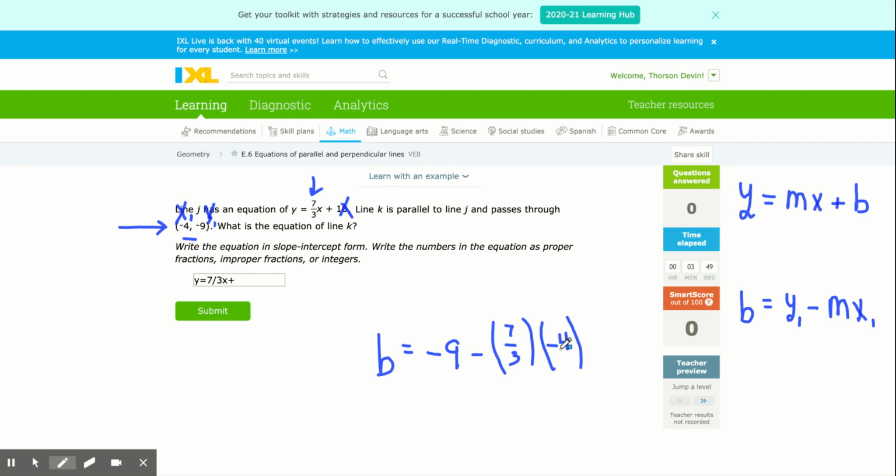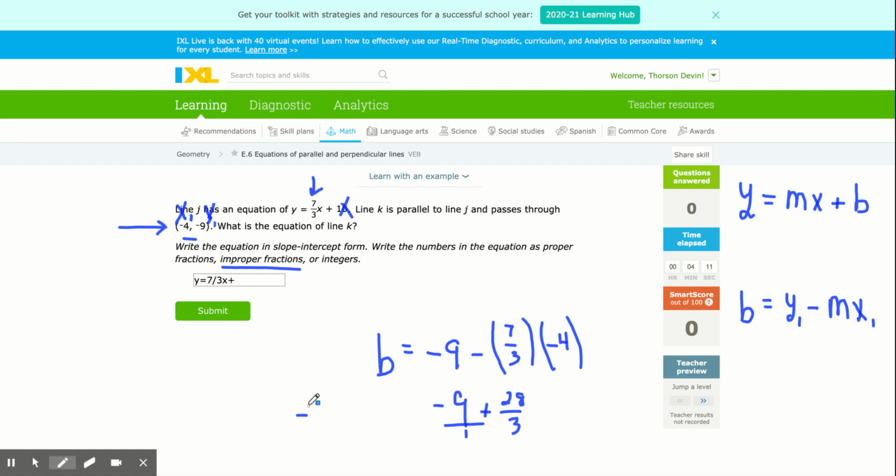So now we just got to do our math and be careful. -9, now, minus and a minus becomes plus. Now, this is 7/3 times 4. That's going to be 28/3. And it says to write your answer as improper fractions. So I'm going to actually get a common denominator of 3.